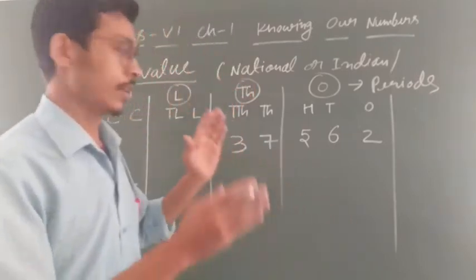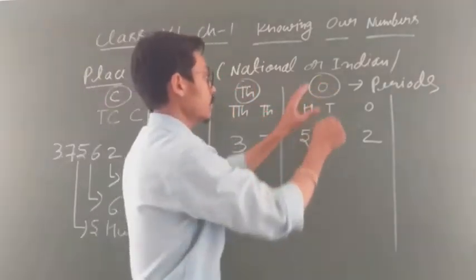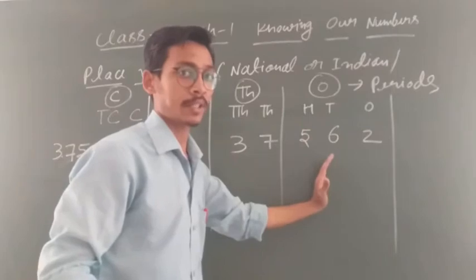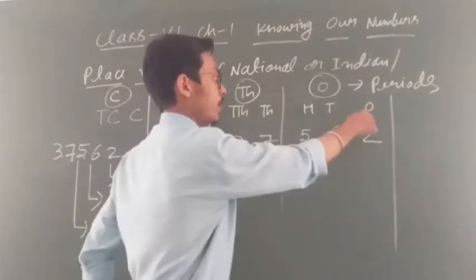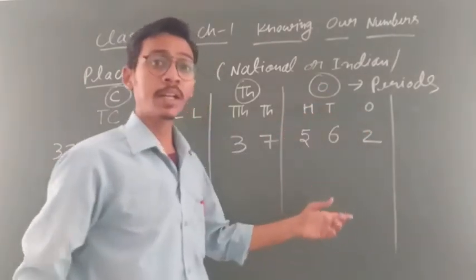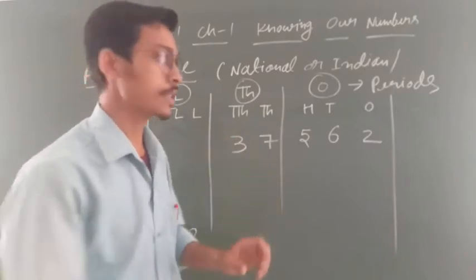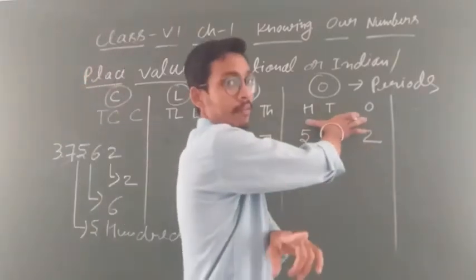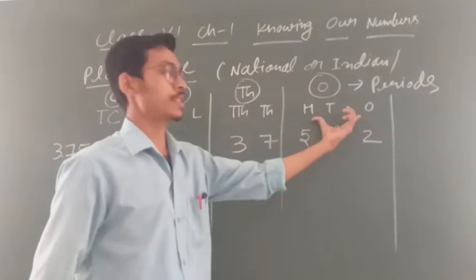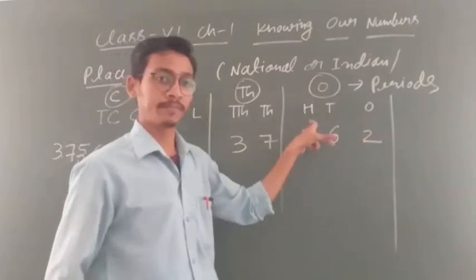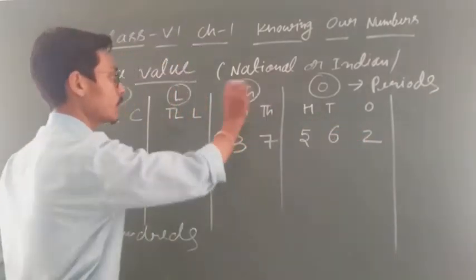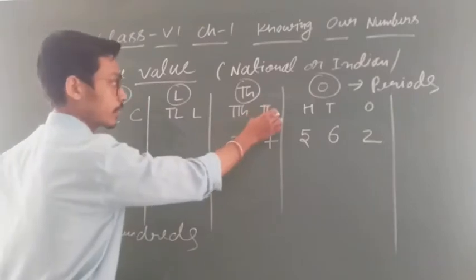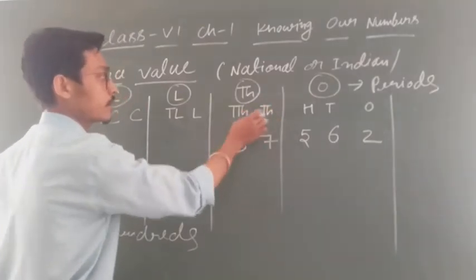Now look, this is the first period, meaning the ones period: ones, tens, hundreds. After hundreds you will put the first comma because these belong to the same family. Then the thousand family: thousands, ten thousands.